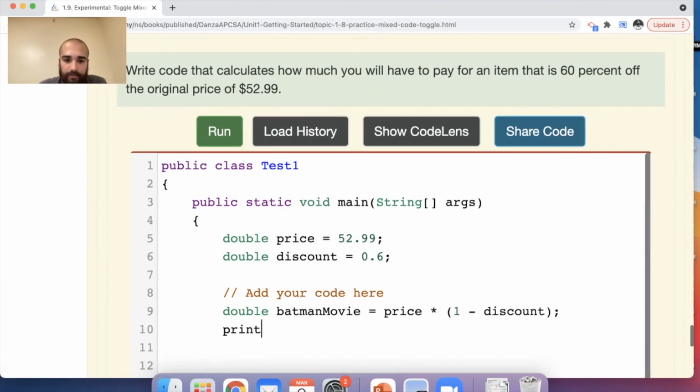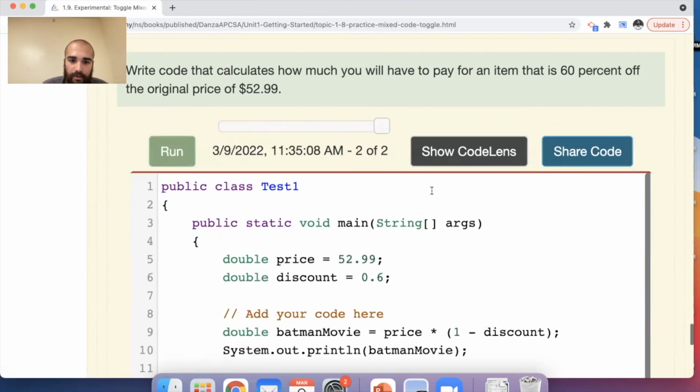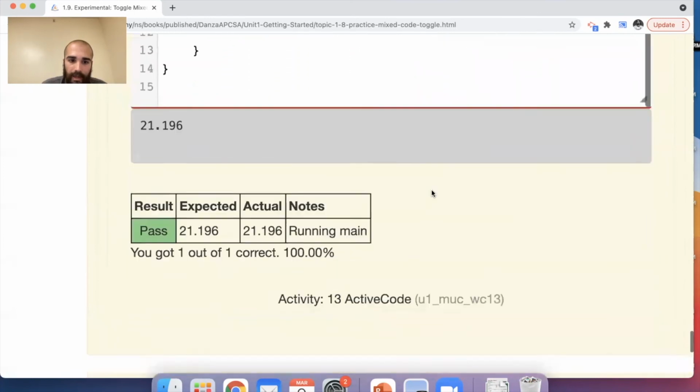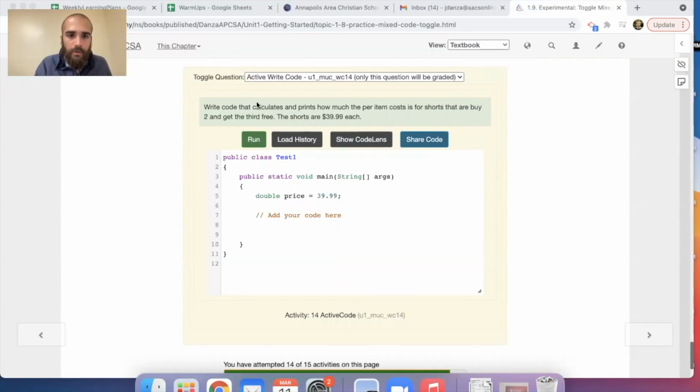So we'll print this out. System dot out dot print line. How much does it cost me to go to the Batman movie? I guess I'm taking multiple people with me. And we'll run this. Passed.